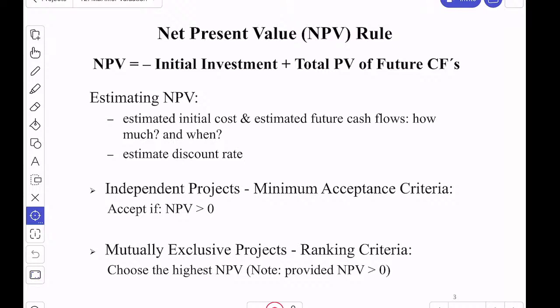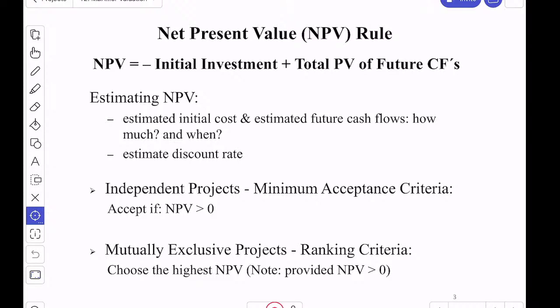In independent project analysis, you pick the projects that have positive NPV. If you only have the resources for one project and you have to choose between two, you're conducting a mutually exclusive project analysis. You would calculate the NPVs, rank them, and choose the one with the highest NPV, the most profitable project.